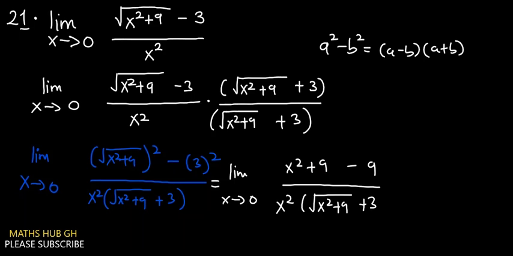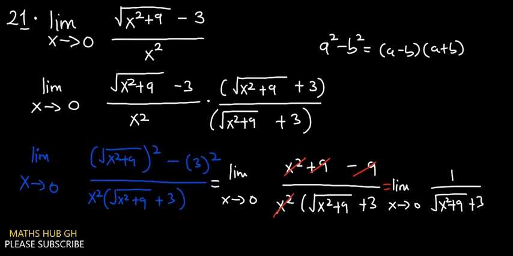You're going to see that this plus 9 and minus 9 are going to cancel out, giving us 0, and then this x squared will also cancel out this x squared. So we are now just going to have the limit as x approaches 0 of 1 over the square root of x squared plus 9 plus 3.